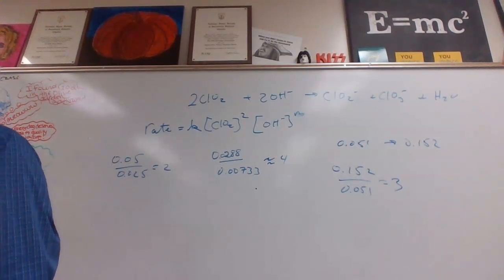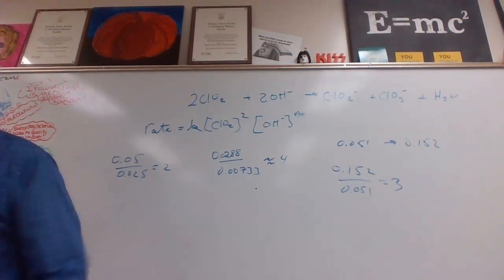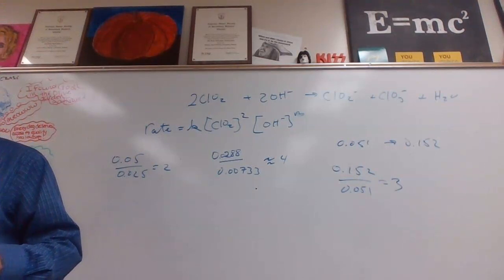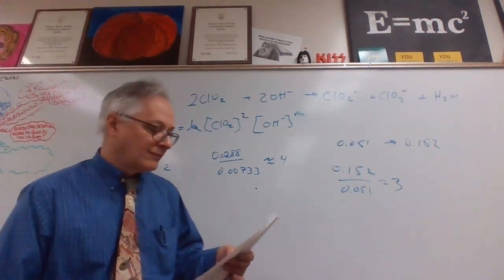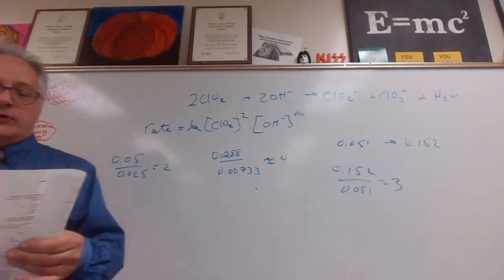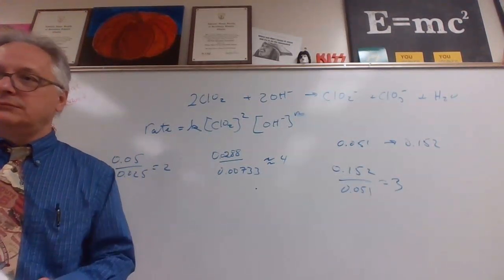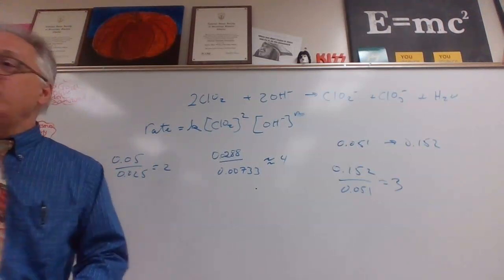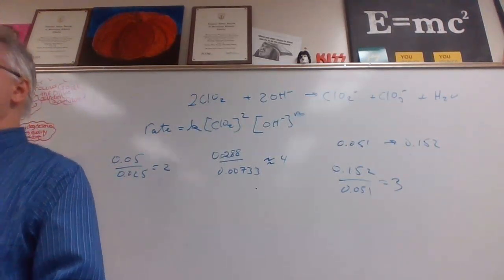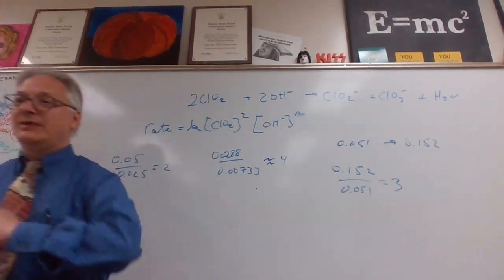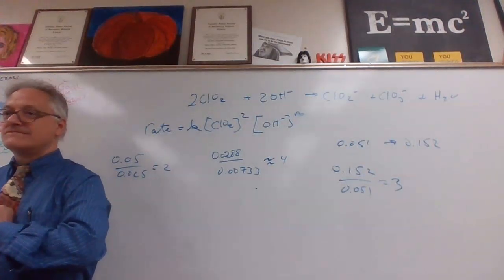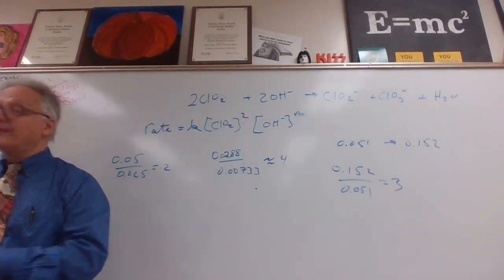You get 3. So, if I triple the concentration and my rate triples, what's my exponent going to be? That'll be 1.